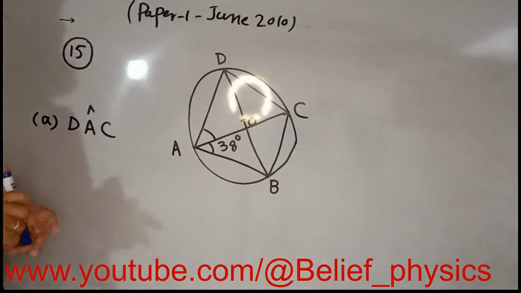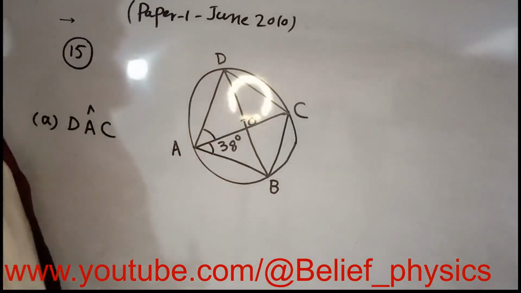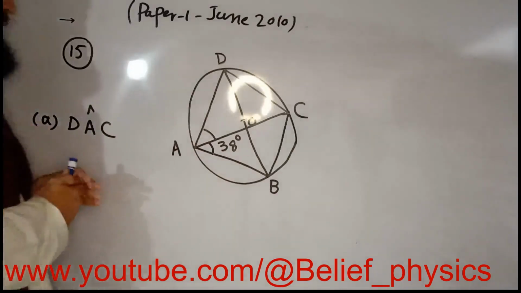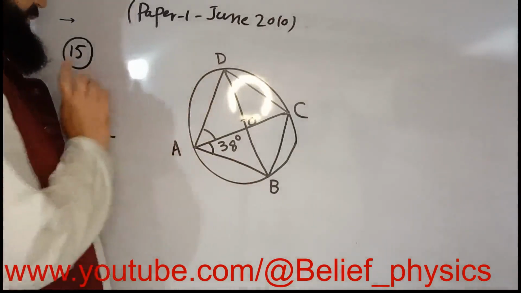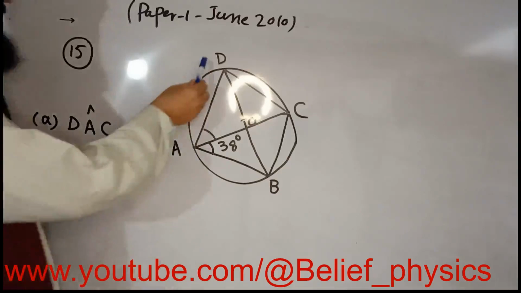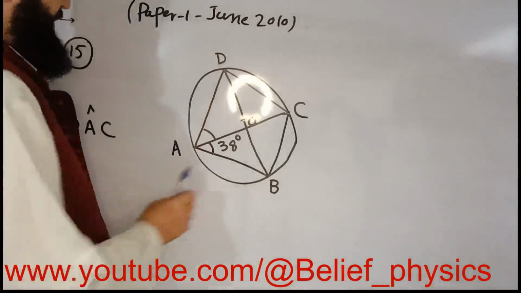The angle inscribed in a semicircle is 90 degrees. This is the first property. So DAB is 90 degrees, because DB is a diameter, therefore the angle DAB inscribed in a semicircle is 90 degrees.